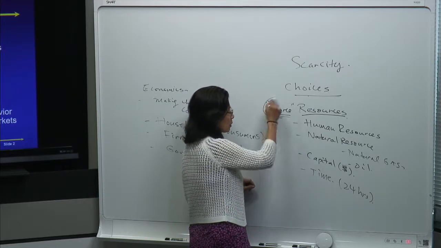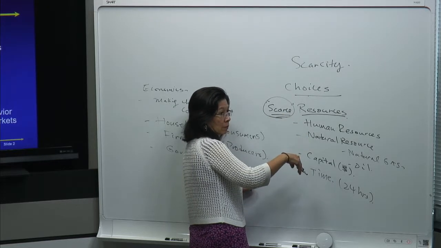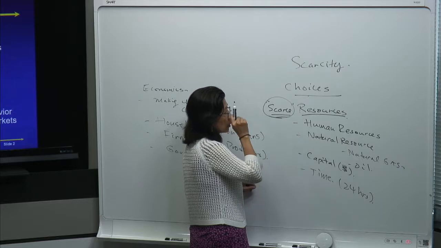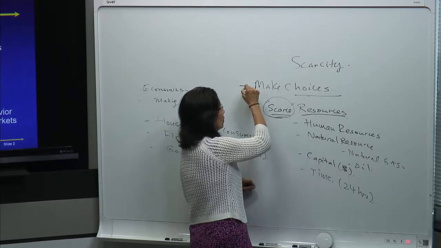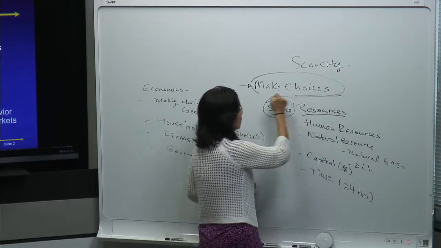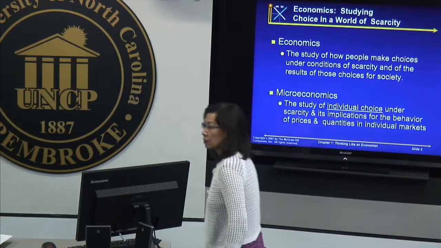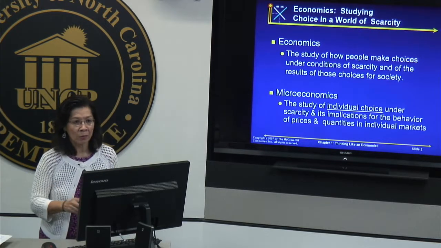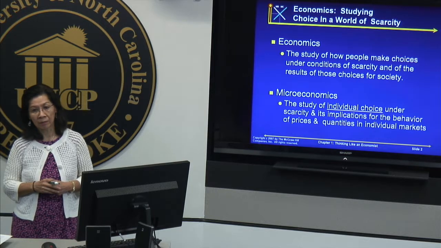So because you have scarce resources and we have unlimited wants and demands, so then we have to make choices. If you're here today listening, if you're sitting down right now listening to this lecture, obviously you cannot be sleeping at the same time.